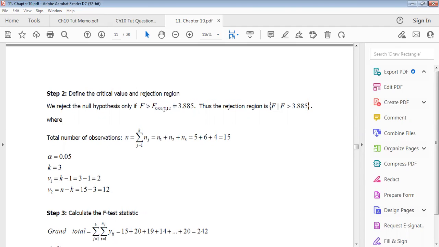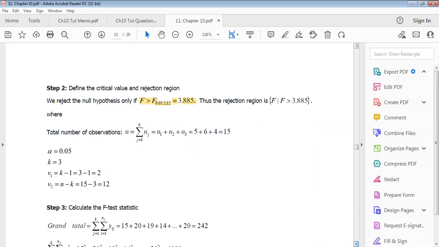So if you look at the 0.5 table, 2 is DF1, the K minus 1 that you found here, and 12 is the other degrees of freedom, DF2. Then you just check, and whatever you find there is the answer. But be careful, don't use the one I sent you for 0.10; you must choose the right one, all right?